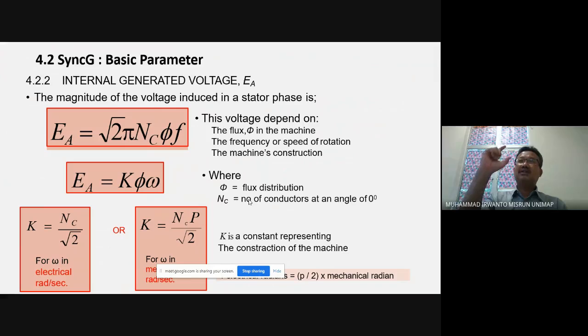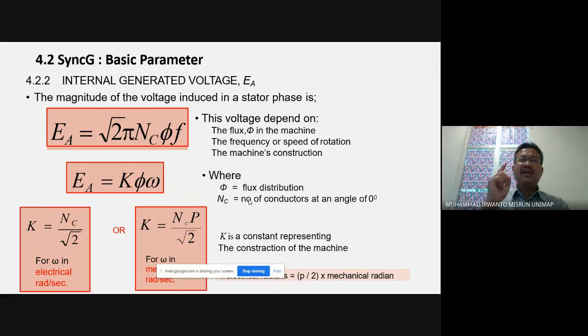We can call it the induced voltage or internal generated voltage (EA). The internal generated voltage or induced voltage is generated in the stator part of the synchronous generator.